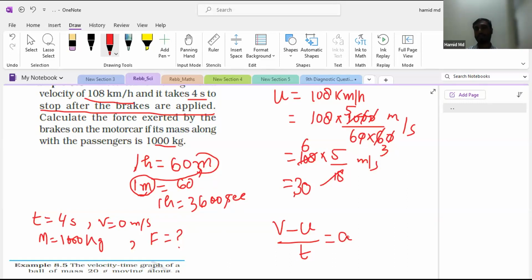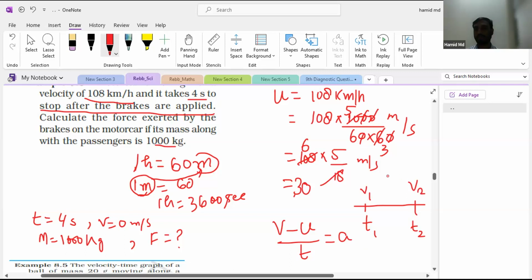I'll explain this a little bit further. See, when we were studying, this was the timeline. This was t1 and this was t2, right? Corresponding to this was v1 and this was v2. So if we have to write this, then we will write v2 minus v1 and t2 minus t1.